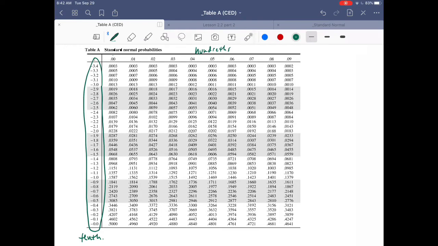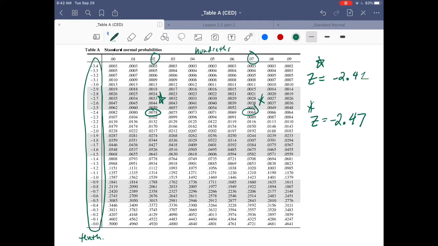So just picking 2 random points here, this one right here would be z equals negative 2.42, whereas this one represents z equals negative 2.47. That's where you get from here and here.